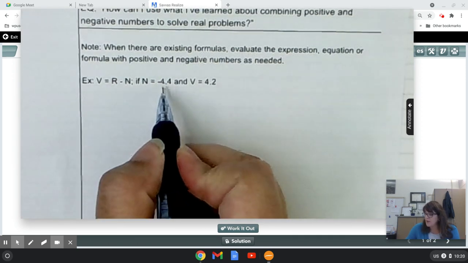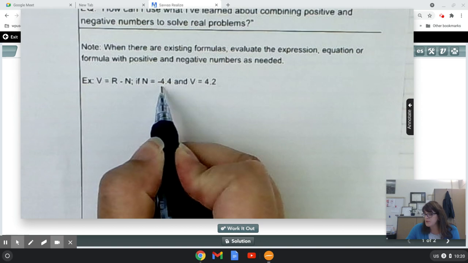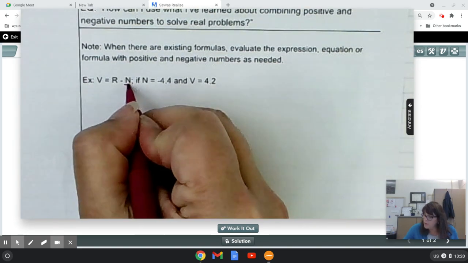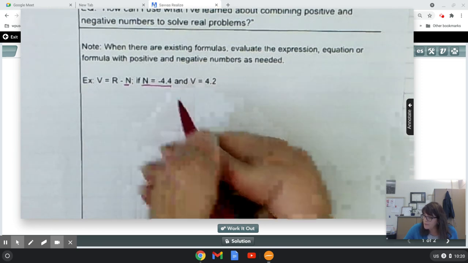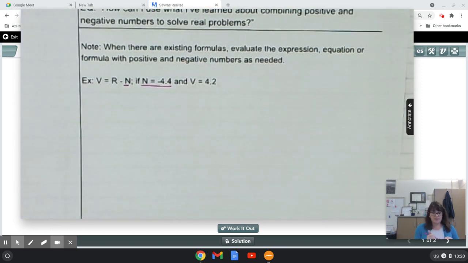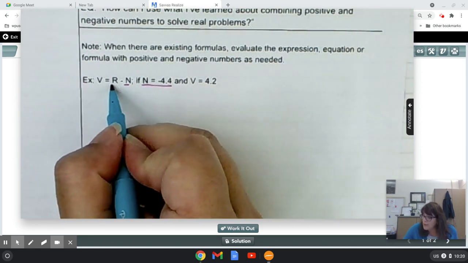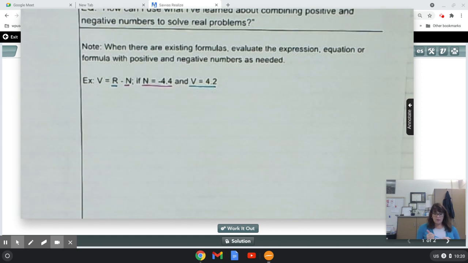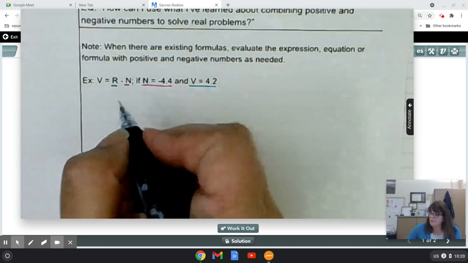And I give you guys the numbers for normal based on that chart that we looked at. That's where it came from. And recorded. And so all we're doing now is evaluating this expression. Or this equation, I'm sorry. We're just putting the numbers in where they belong.